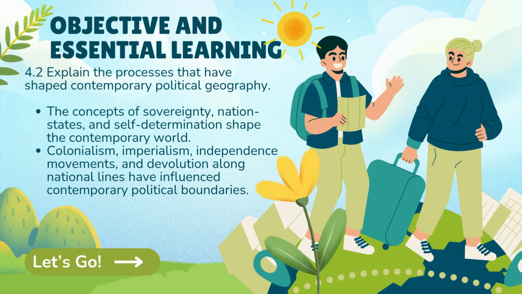Some countries split apart like a bad group project. So by the end of this, you'll see why some conflicts today go way back, because history loves to leave us with unfinished business.